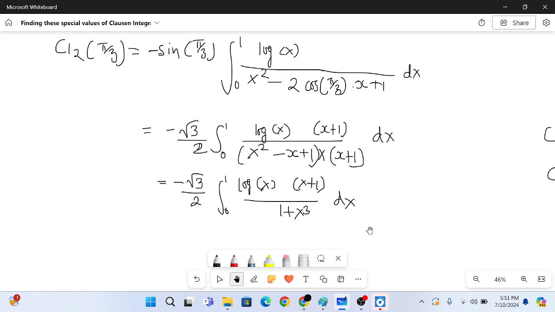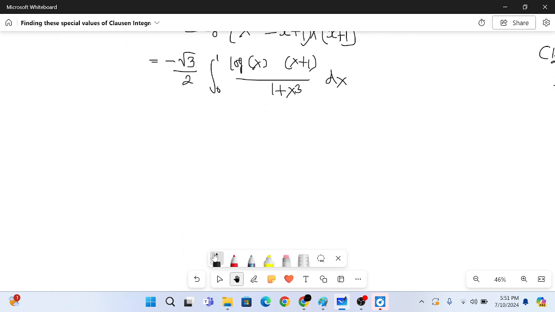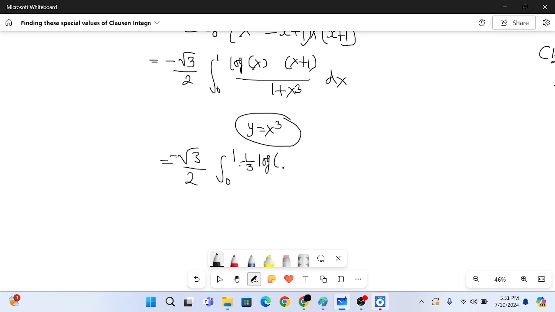Okay, now I make a new substitution. That y is equal to x cube. If we make this substitution, this will be minus root 3 by 2 integral from 0 to 1, and y to the power 1 by 3 is 1 by 3 log of y, and again x is y to the power 1 by 3 plus 1 by 1 plus y, and 1 by 3 y to the power minus 2 by 3 dy.